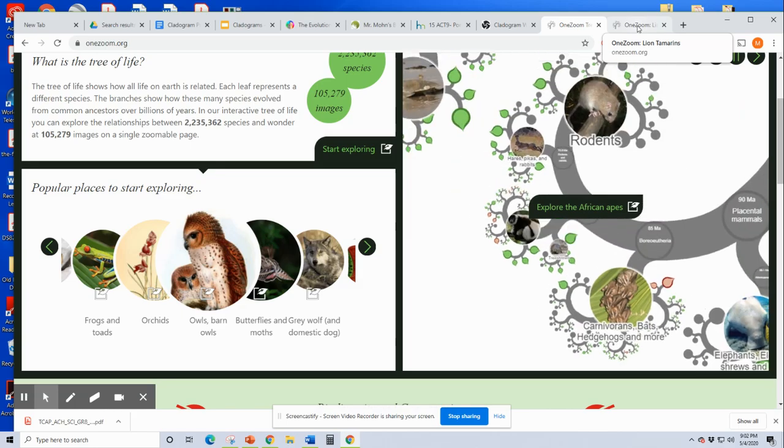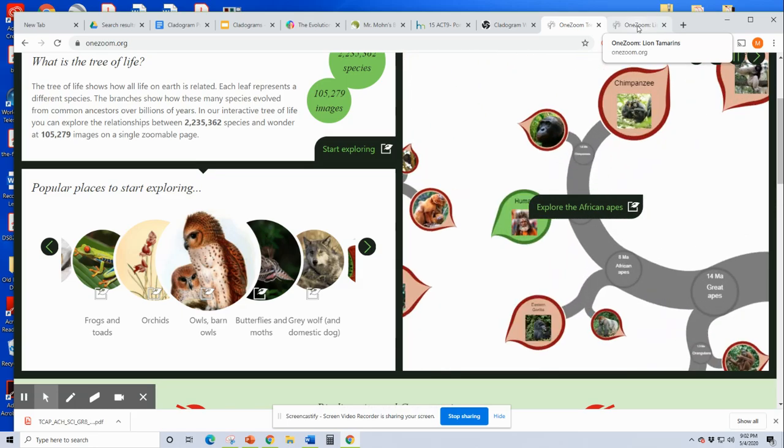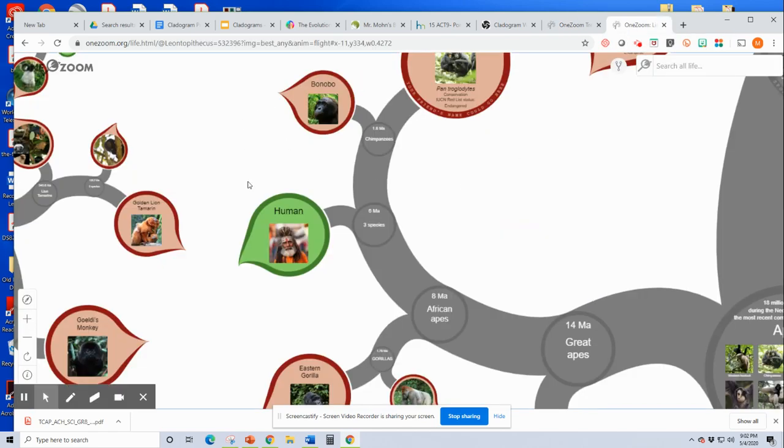Okay, so you've got this whole little tree over here, but I want to show you your leaf. So there is your leaf, and we're on this branch.